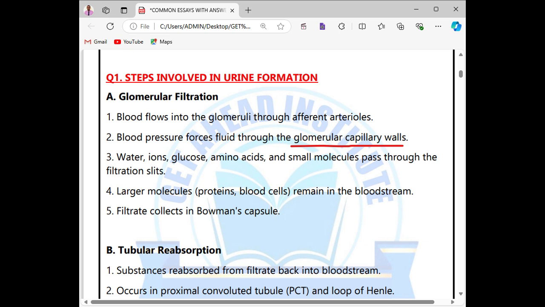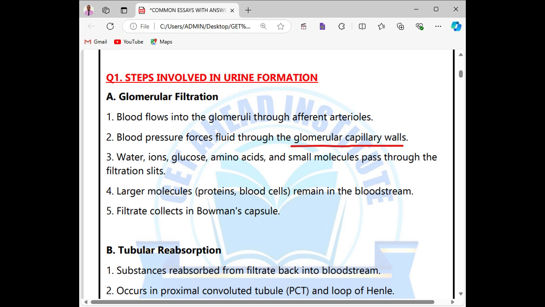So what happens in glomerular filtration is that water, certain ions, glucose, amino acids, and basically other small molecules are able to pass through the filtration slits. And then large molecules such as proteins and blood cells remain in the bloodstream.